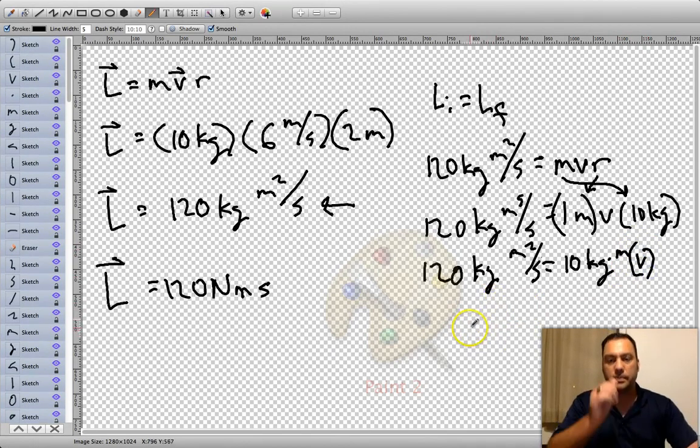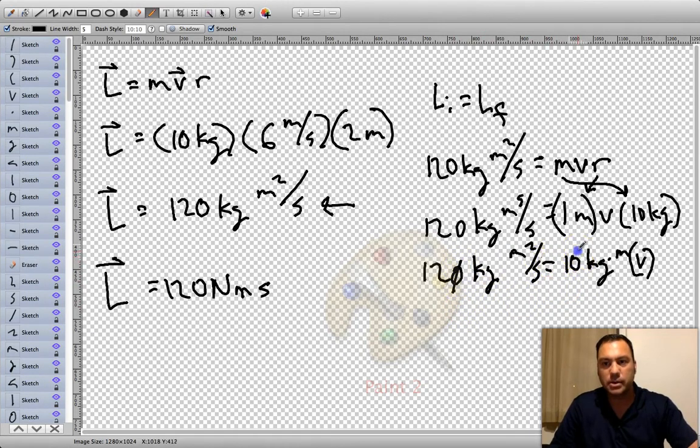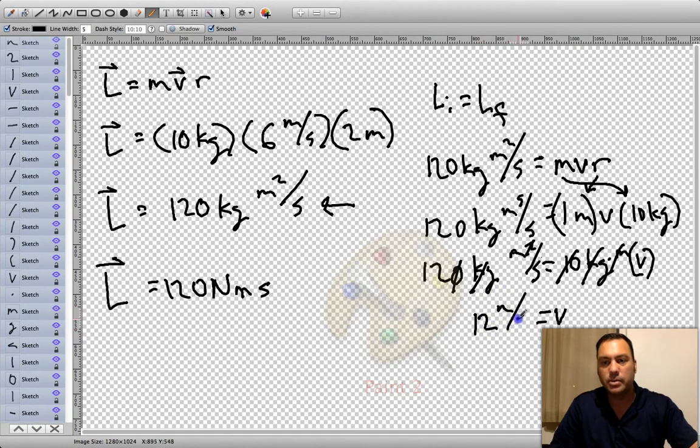All right, so we can go ahead and cross out these zeros. Kilograms cross out because they divide across from one another. Meters is going to cross with that one. And so we actually get the answer right away. That v is going to equal 12 meters per second.